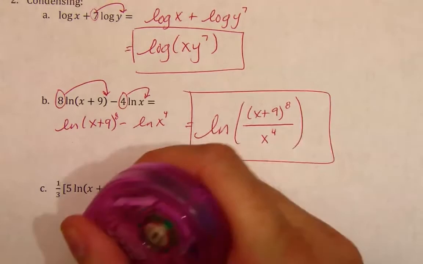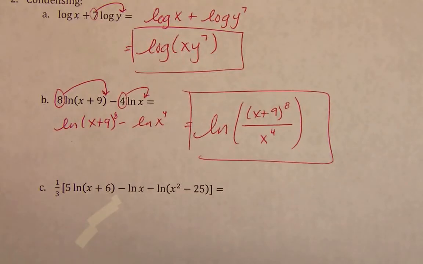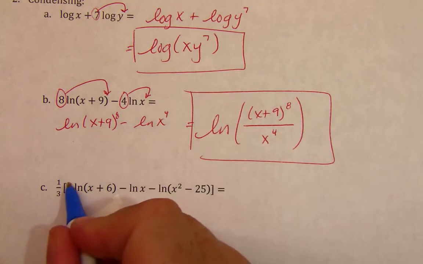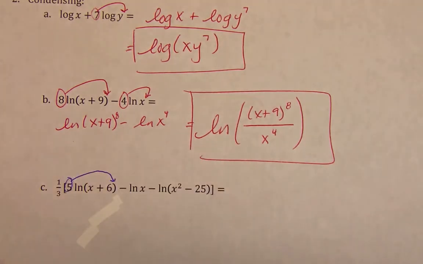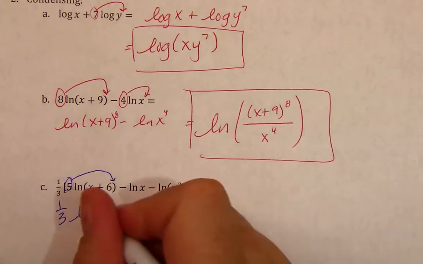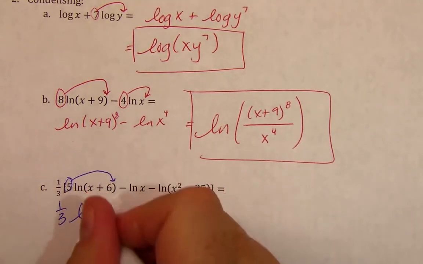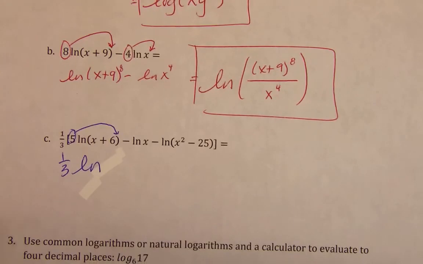Our next example here, we have a long, complicated example, so let's go ahead and work it from the inside out. So this 5 right here can go back on here, and then we can condense this. And we have this term right here. It's going to be helpful for you to start looking at whether terms are positive or negative.